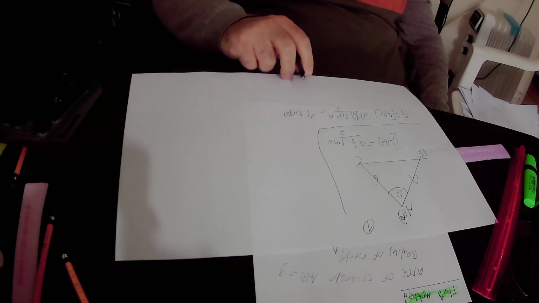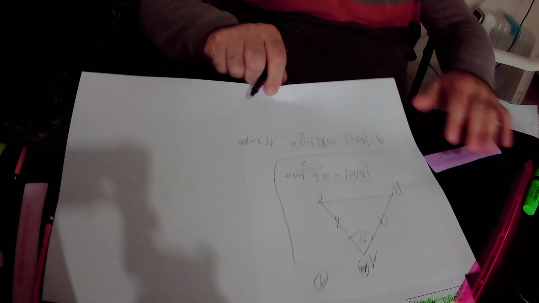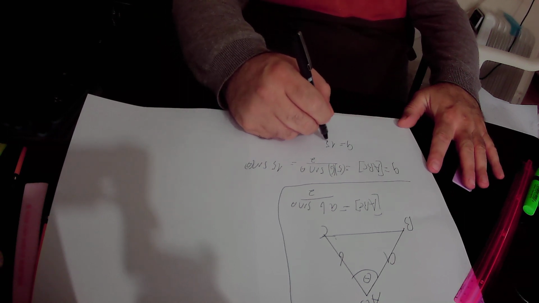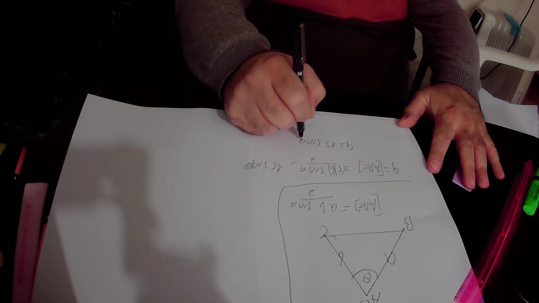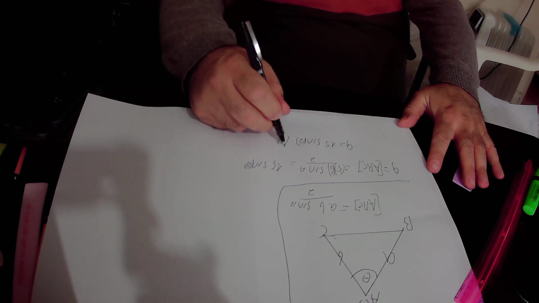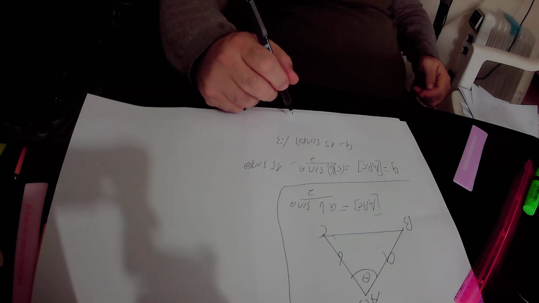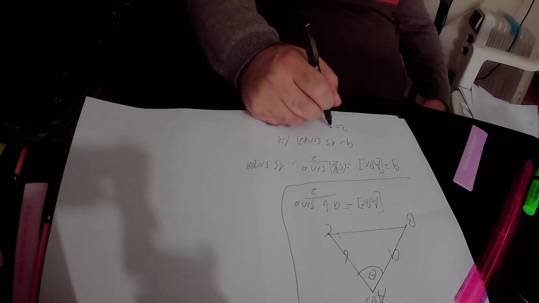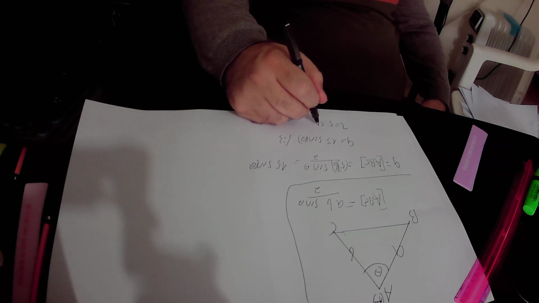So in conclusion, we found out that 9 equals 15 times sinus theta. Here we'll divide this equation by 3, and we'll get that 9 over 3 is 3, and 15 over 3 is 5 times sinus theta.